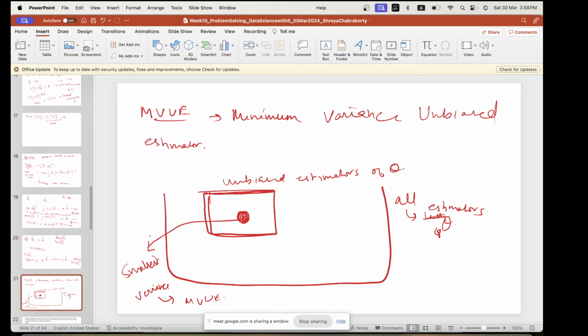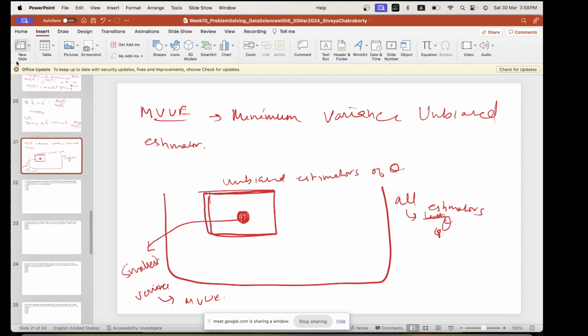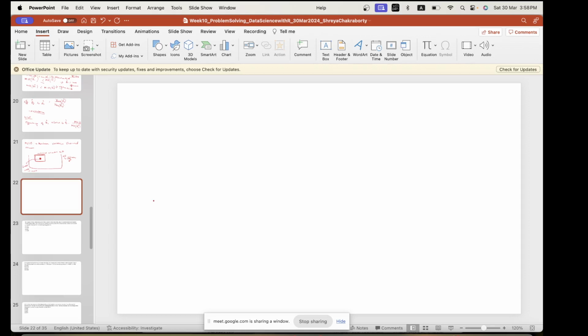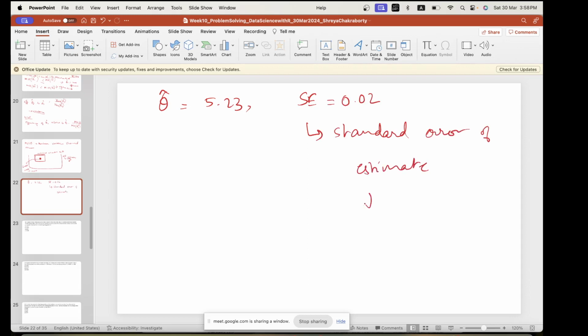Apart from this, whenever we are providing some estimate, let's say 5.23, you would usually see a term like this, 0.02. This is the standard error of your estimate, and in some way it gives the precision of your estimate.